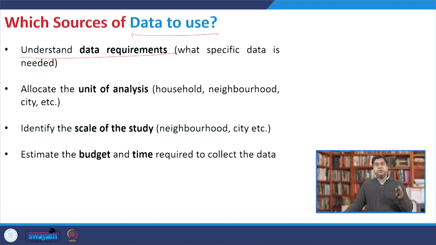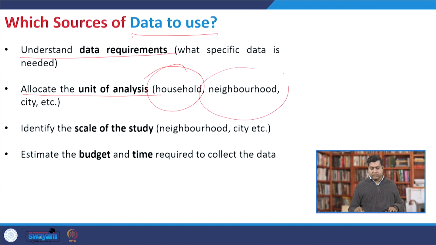But where you want to do some kind of study where you project the future based on the present, more likely you have to go for a primary survey. Then it will also depend on the unit of analysis, what kind of information you require, whether it is at the household level, the neighborhood level or the city level.